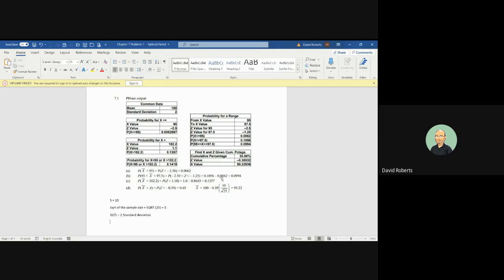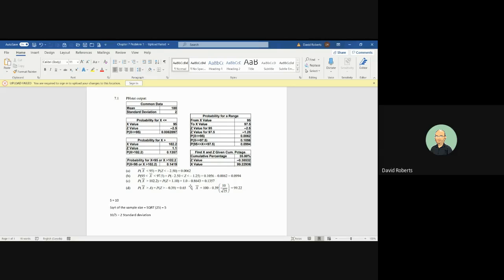In part C, they're asking above 102.2. So once again, you find the z-score. You get a z-score of 1.1. And because it's above, and remember, the normal distribution goes from negative infinity to positive infinity, you find the area from negative infinity to a z-score of 1.1.